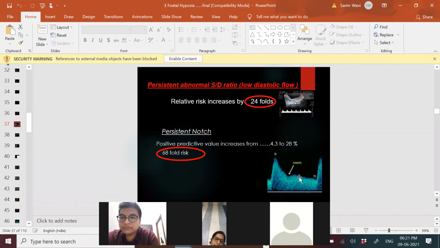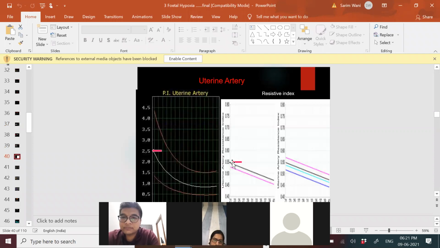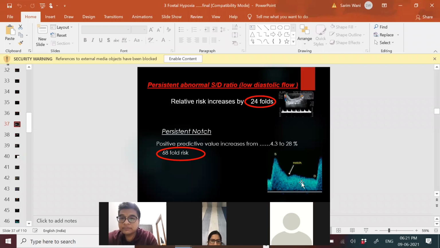Now, coming back to this chart, if it is not 0.55 but 7, for the sake of argument, try to understand the concept. With 7, what will you expect this diastolic flow to be? This side high or this side low? Dr. Sandhya, back to you.